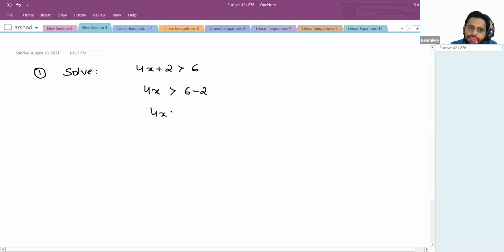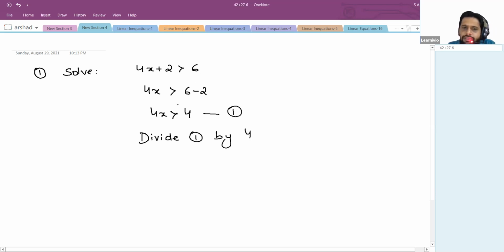This will become 4x is greater than 4. First of all, we need to shift this number. Then we will divide this equation by 4. So this will give us 4x by 4 greater than 4 by 4. X is greater than 1. Any doubt in this? No, sir. Okay, very good.